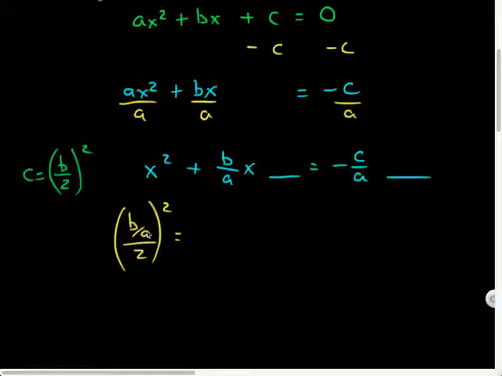Dividing a fraction by 2 is the same as doubling the denominator. So b over 2a all squared. What's that going to equal? b squared over 4a squared. So I'm going to add b squared over 4a squared to both sides.